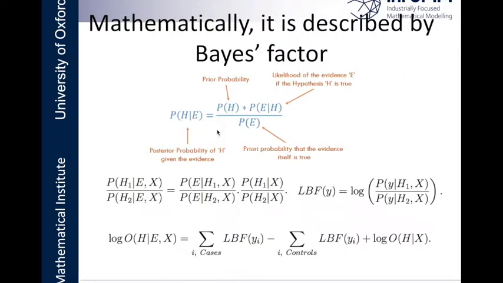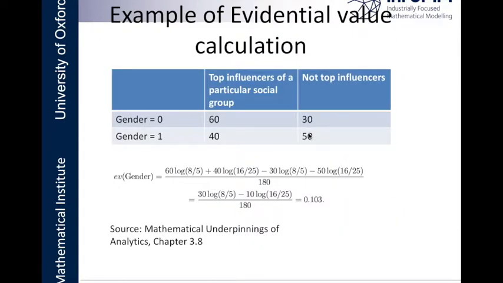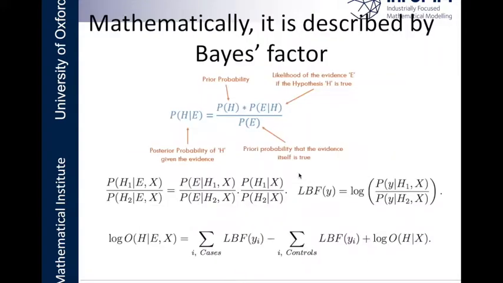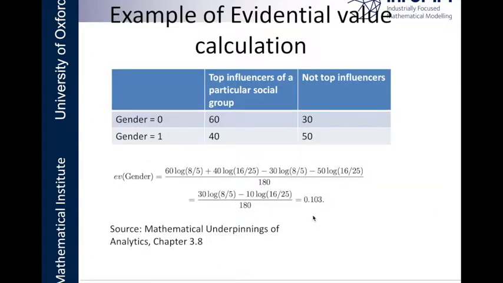Similarly, the probability of y equals 0 given H2 is true is 30 over 80. Dividing these two numbers gives us this quotient. Similarly, we calculate all the other terms in our previous formula of evidential values, and we find the evidential value of gender is 0.1.